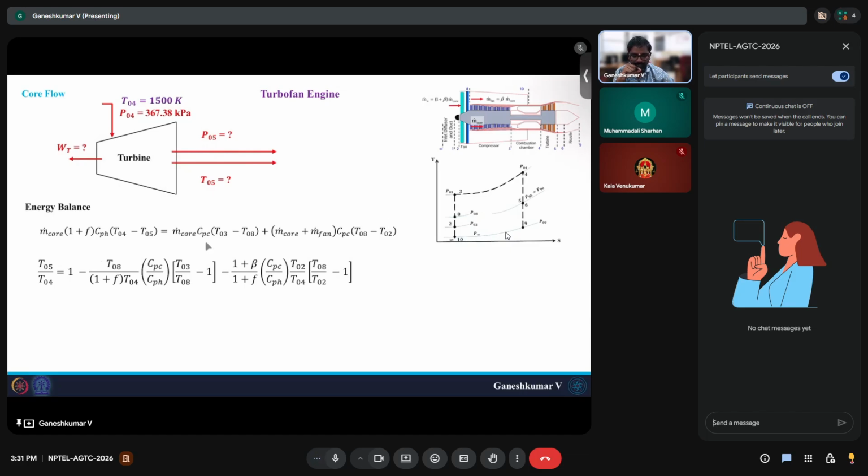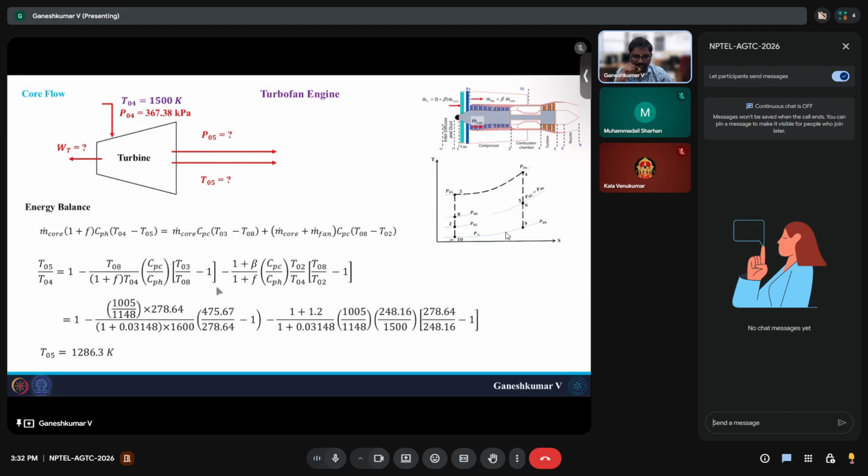If you divide it by m dot core, here you will not have m dot core, here also you do not have m dot core, here you will have 1 plus m dot fan by m dot core, and m dot fan by m dot core is nothing but your beta, the bypass ratio, which was given as 1.2 in the problem, right? So you have 1 plus beta here, you have 1 plus f here, f we just found, CPH, CPC we know, T04 we know, T03 we know, T08, T02, everything else we know. We only need to find T05. So you just rearrange it in this way, and finally you substitute all the values and you will end up having T05.